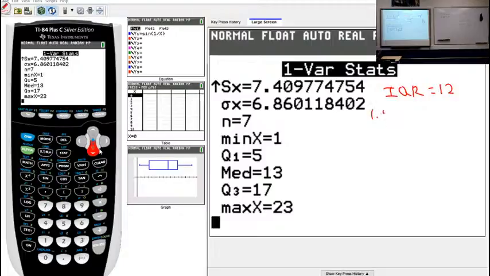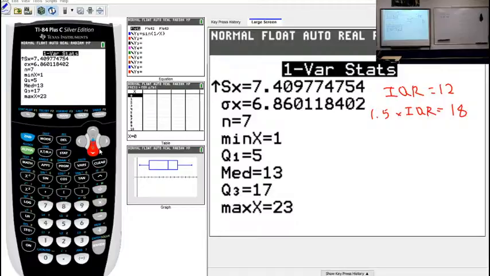So 1.5 times the IQR is going to be 18. This is our distance. Our boundaries are the quartiles. So let's start on the upper end and look for an outlier above.